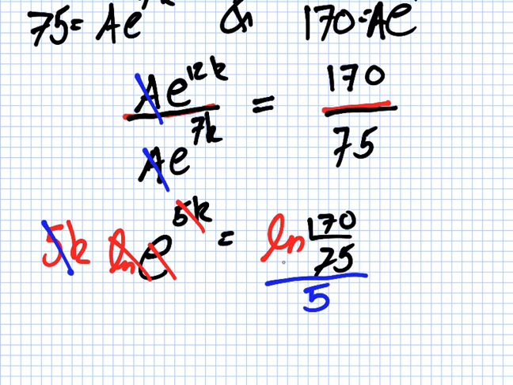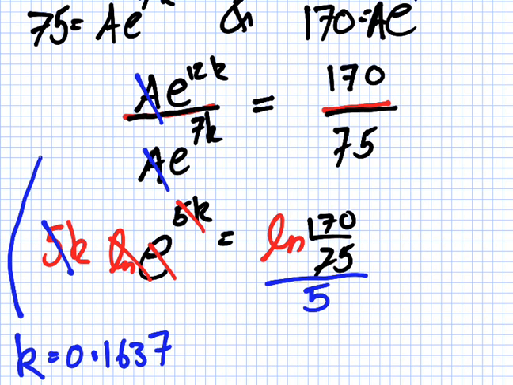So we type in log(170 over 75) all over 5, and we end up getting k equals 0.1637.